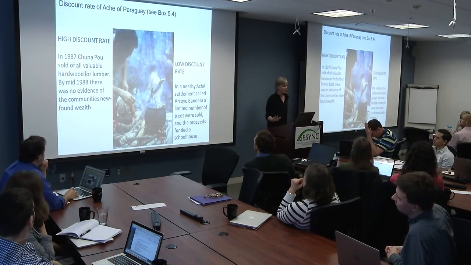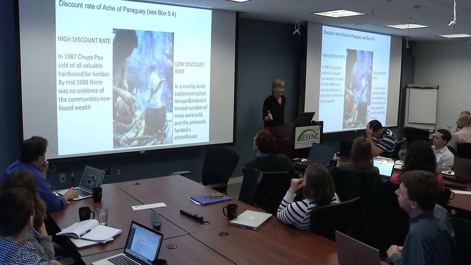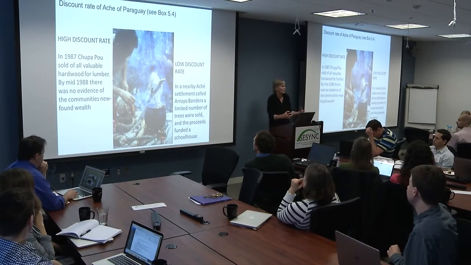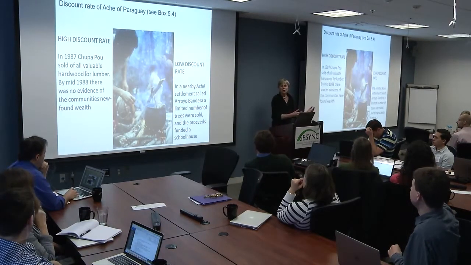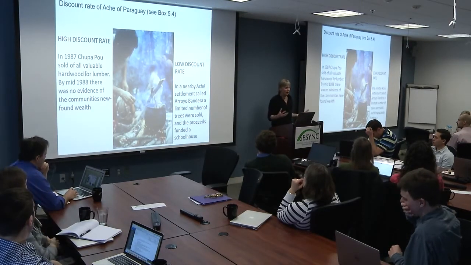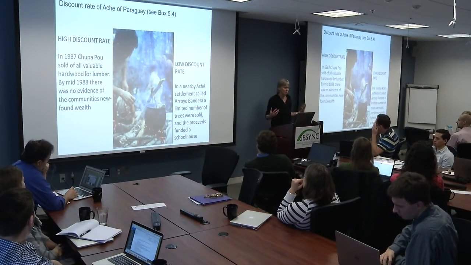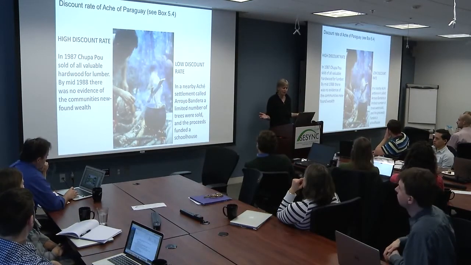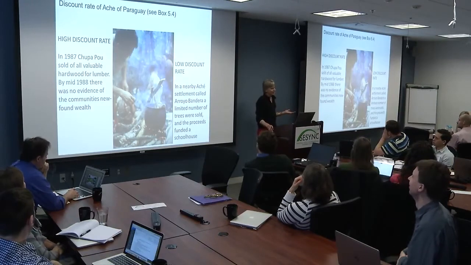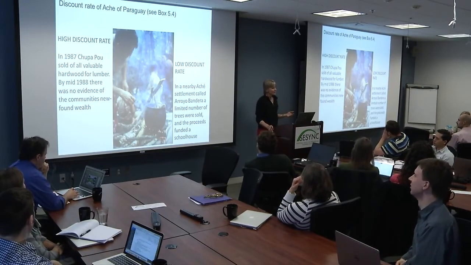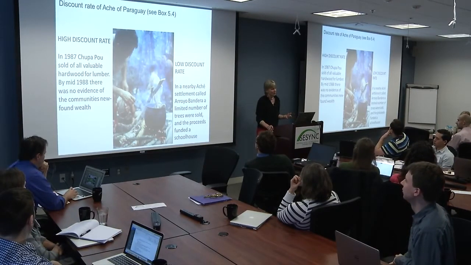One community, Chupa Pou, sold all their valuable hardwood for lumber. Basically, people behaved as if a tree belonged to them. They found a logger who'd come in, sold them the tree, got some money, and bought a boombox or some cool clothes. And as the anthropologist Kim Hill said, by mid-1988 there was no evidence of any newfound community wealth.